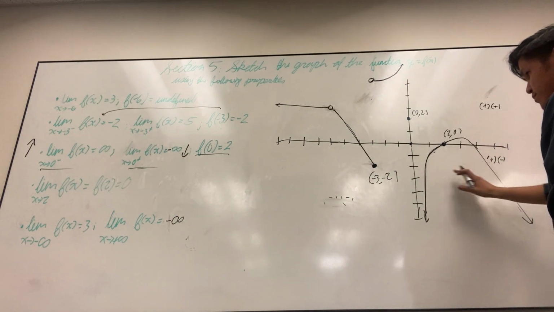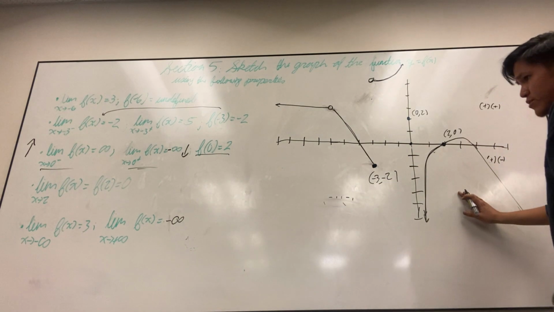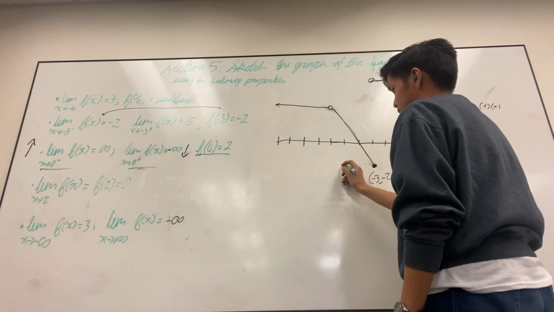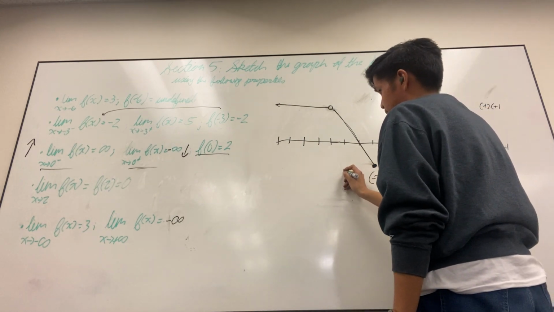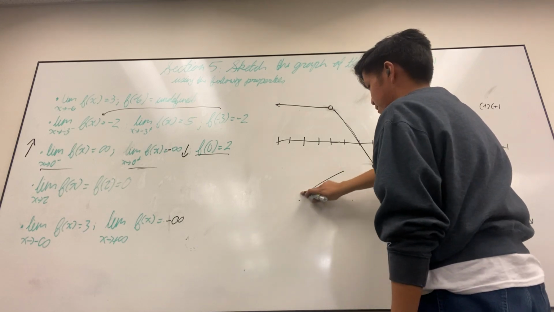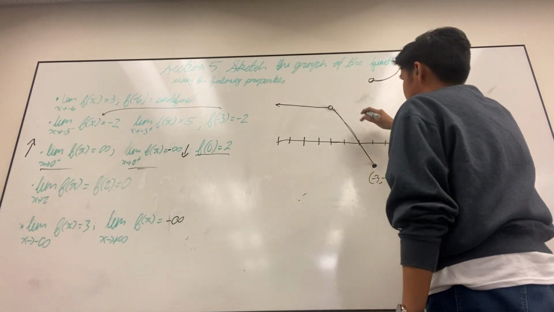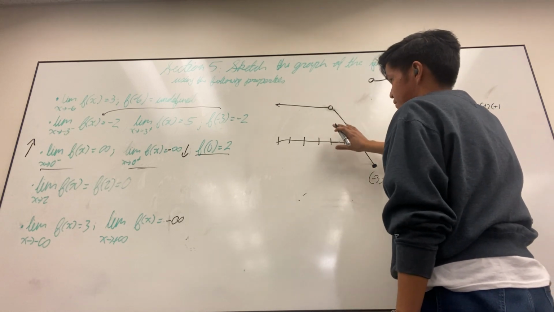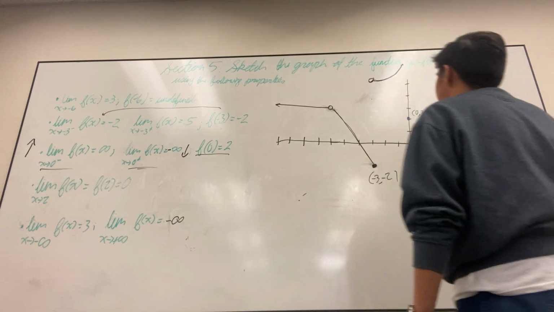Our next one is the limit of f of x equals negative infinity as x approaches positive infinity. So if we had a limit going this way, that would be negative infinity to negative infinity, which wouldn't work out. In this case, we would have positive infinity to negative infinity, which won't work out because we're looking for negative infinity, not positive infinity.